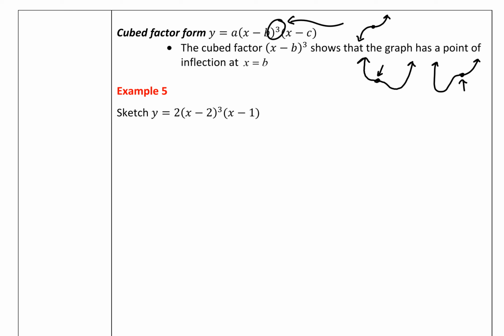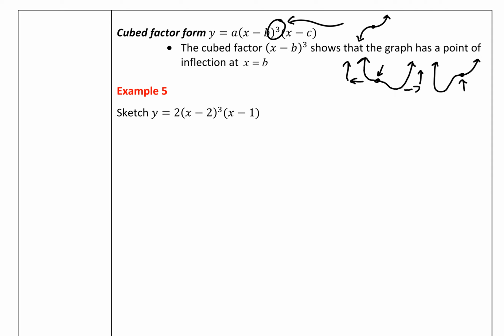So it really depends on where that repeated solution is, if it happens first or second. It seems like it would change the shape, but really, as x approaches infinity, y approaches infinity, and as x approaches negative infinity, y also approaches infinity. So the same basic shape hasn't changed.